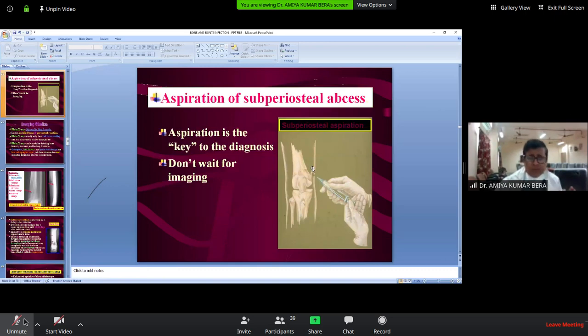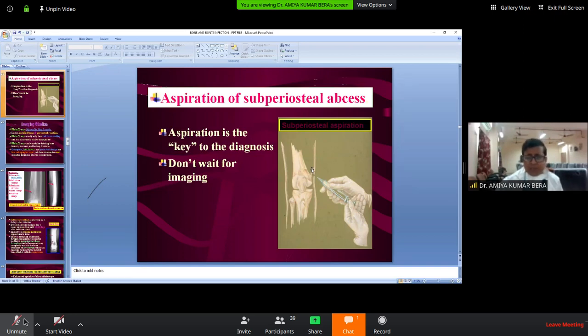If you find it fast, don't wait for imaging. Do the imaging if readily available, but your imaging or investigation should not delay the treatment. If USG is possible on the same day, you do it. If you want to do MRI, do it later. But if a child presents with a fluctuant swelling near the ends of the bones, near the joints, then do the aspiration.